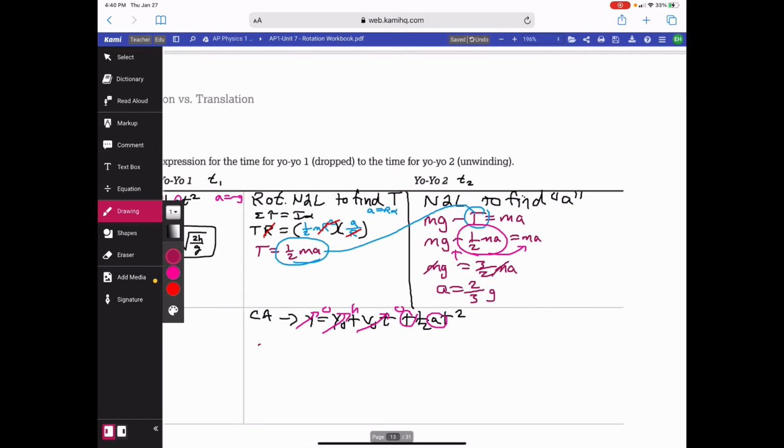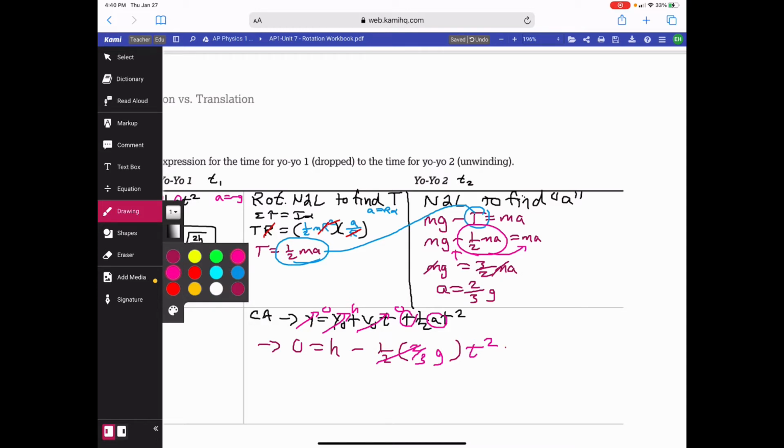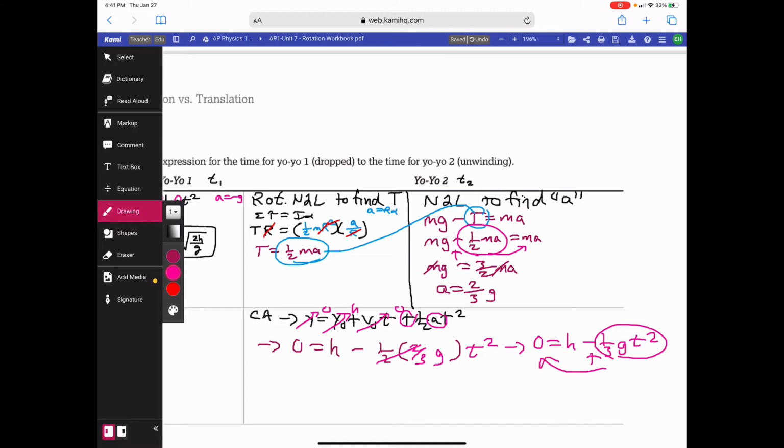Now, let's plug into this. 0 equals the height minus 1/2, and in place of a, we're going to put 2/3 g and then t squared. That cancels. And we get 0 equals the height minus 1/3 g t squared. Add this over to the left.